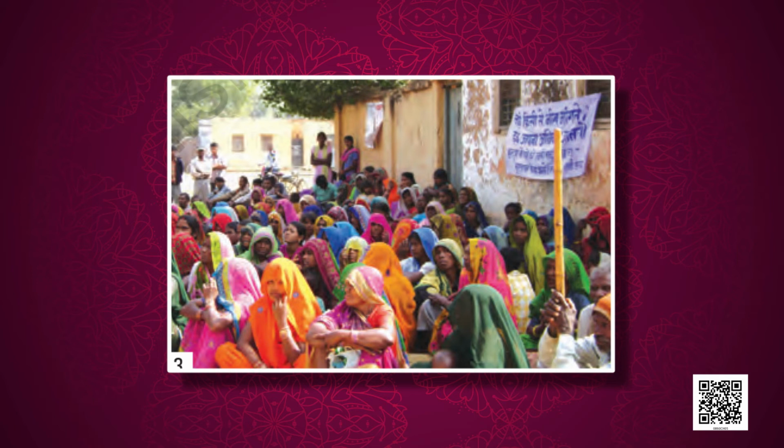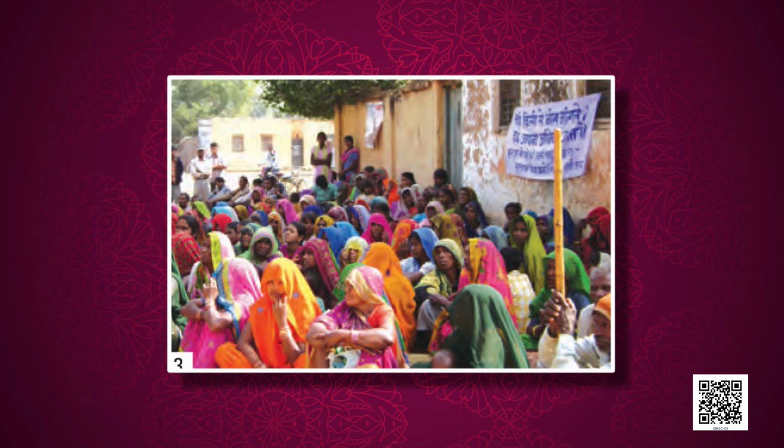It stated that the fundamental right to life guaranteed in Article 21 of the Constitution included the right to food. The state's excuse that it did not have adequate funds was shown to be wrong because the godowns were overflowing with grains.